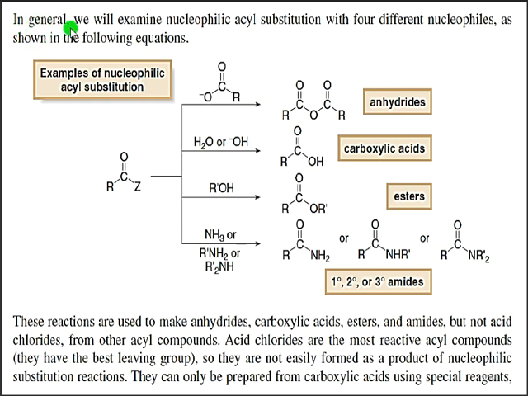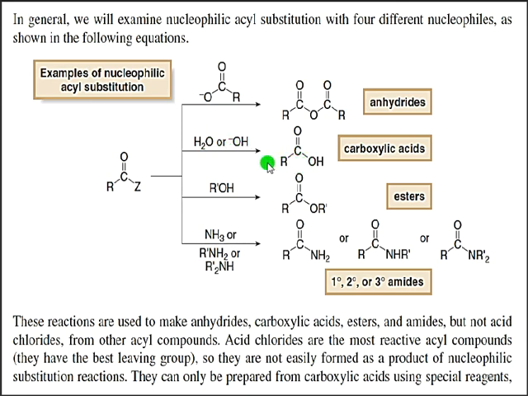That means in general we will examine nucleophilic acyl substitution with 4 different nucleophiles as shown below. In the first reaction, the nucleophile is the carboxylate anion, and the product will be an anhydride. In the second, the nucleophile is neutral H2O, or maybe hydroxide, and the product will be a carboxylic acid.